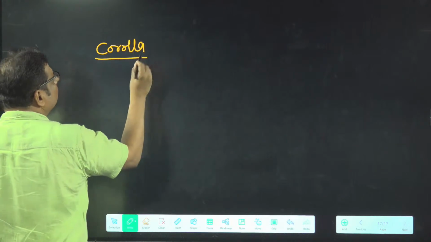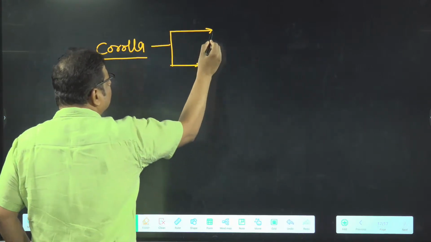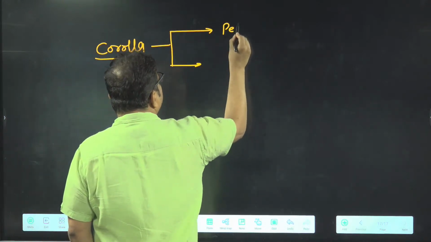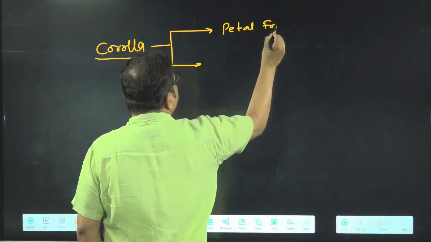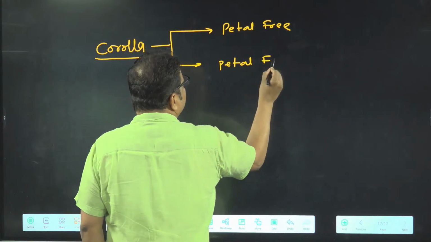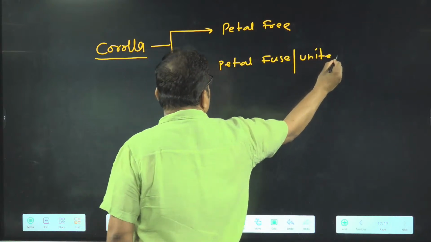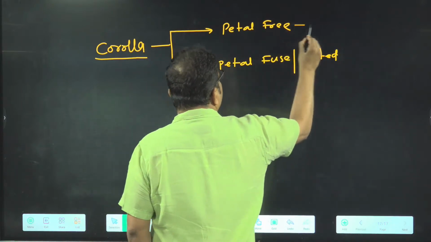Corolla. Here also two terms. I told something about corolla in the beginning. What? If petals are free and if petals are fused, and somewhere they wrote the term united. So don't confuse. Fused or united are the same thing. It is which one?